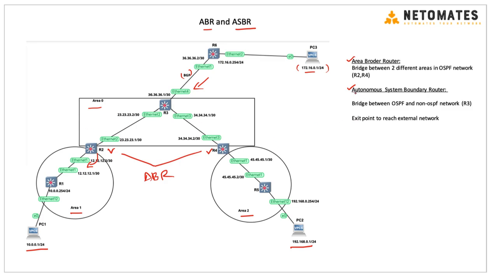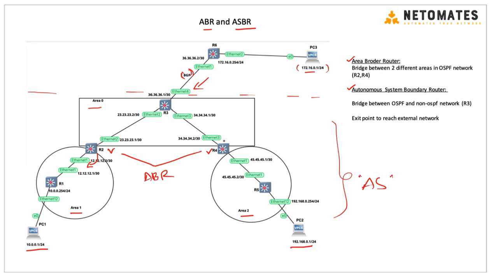The next one is the autonomous system boundary router. We can consider this entire OSPF topology, up to this part, as one autonomous system. The boundary router for this autonomous system is R3, because from R3 we have BGP with R6, and BGP is a different routing protocol.